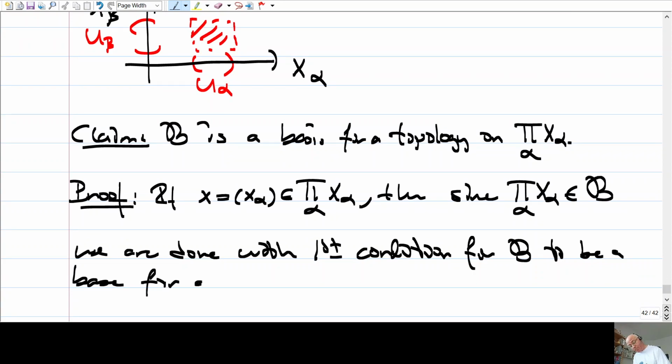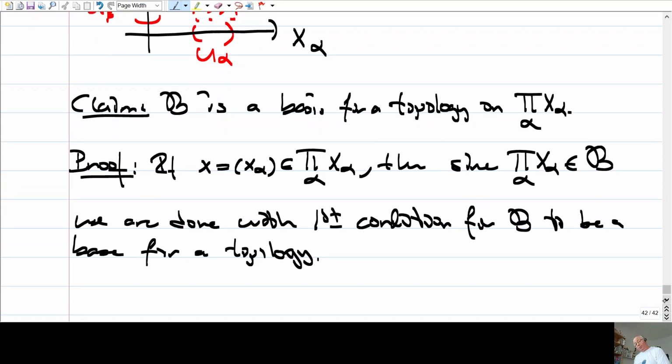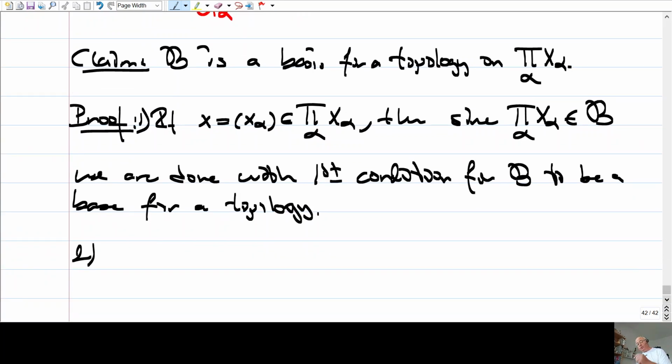The first condition is that every point should belong to one element of the basis, right? So that's the first condition. The second one: if we have two such elements, and we have a point in the intersection, then we should be able to find a third element containing that point which is contained in the intersection.